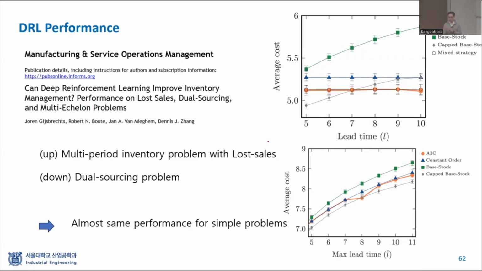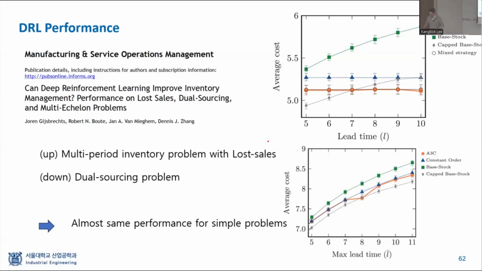They just applied it as is to various problems, like a multi-period inventory problem with lost sales, and also a dual sourcing problem. These are known to be quite difficult to solve. And we happen to know the structure of the best policy, so analytically, we may have a chance to optimize it and get the result.